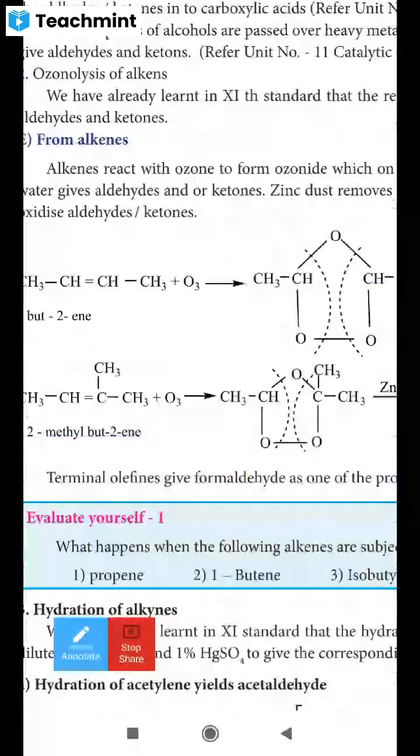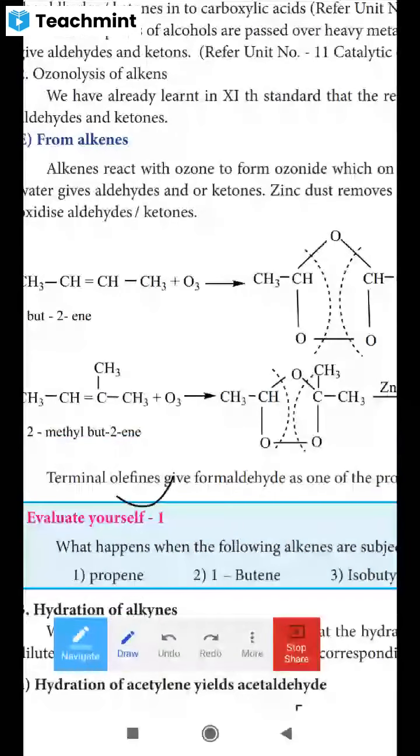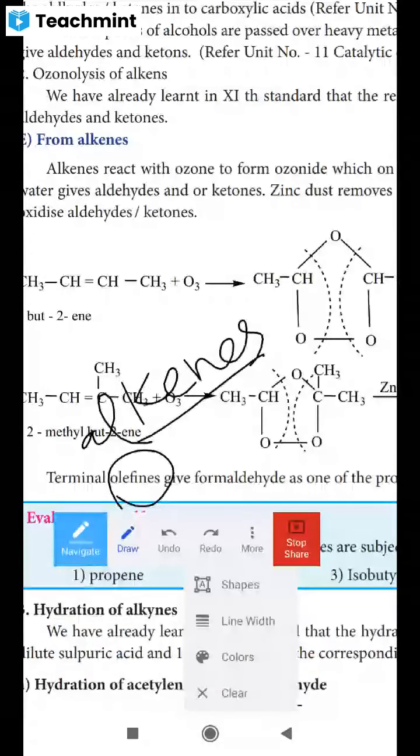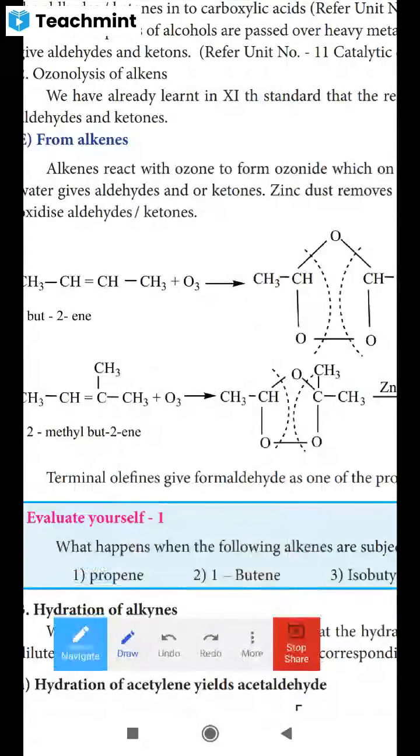And you know, alkenes have another name, that is olefin. Please remember that. So terminal alkenes, terminal olefins give formaldehyde as one of the products.